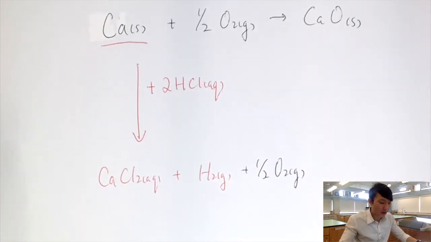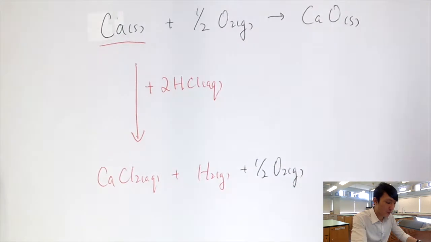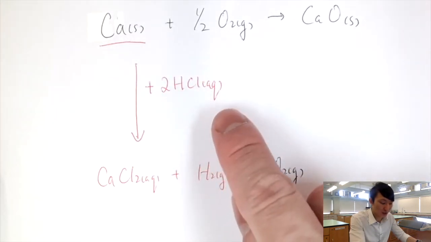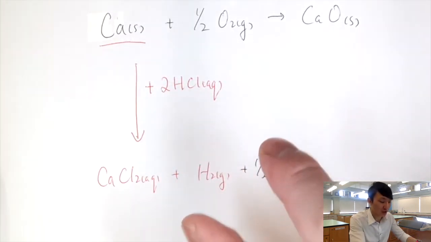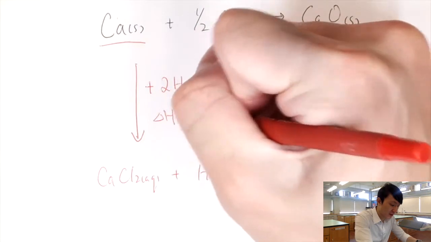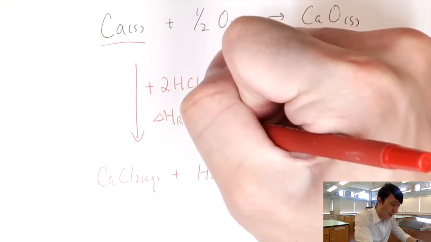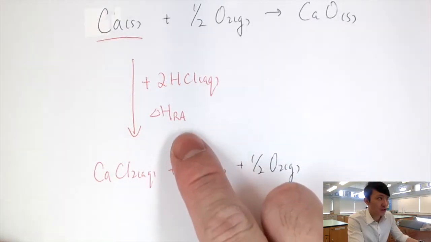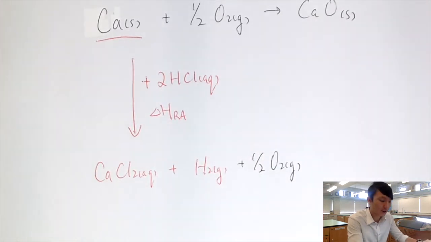For this reaction, we're going to perform a calorimetric experiment to find out the enthalpy change of reaction. So let's put delta H R A, the enthalpy change of reaction A.